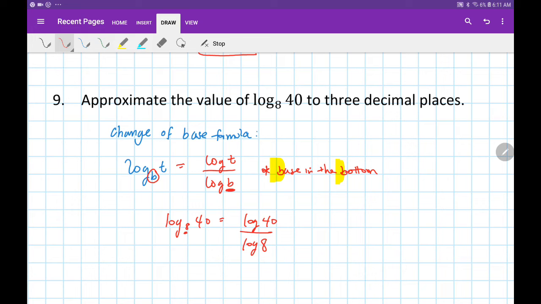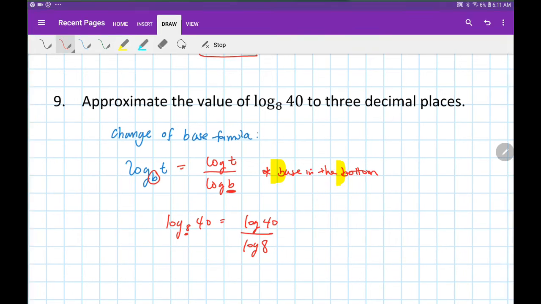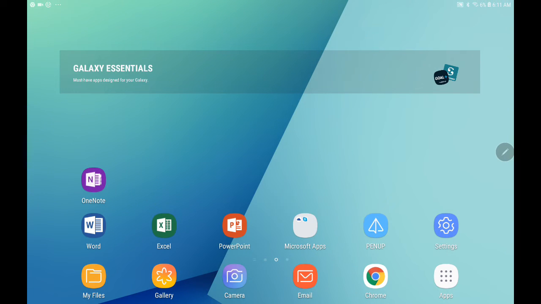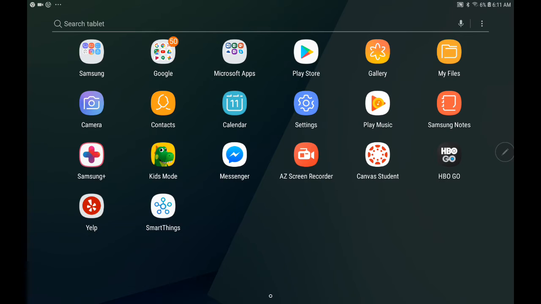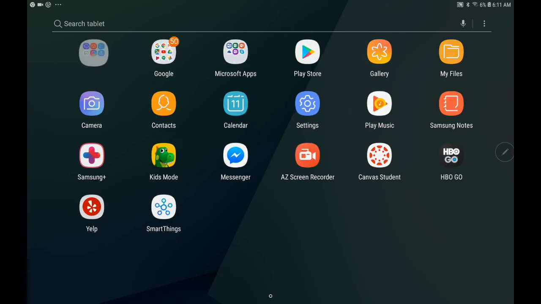Once I have it written like this, I can plug it into my calculator. So let's see. Let me pull up my calculator. Oh my gosh. There it is.